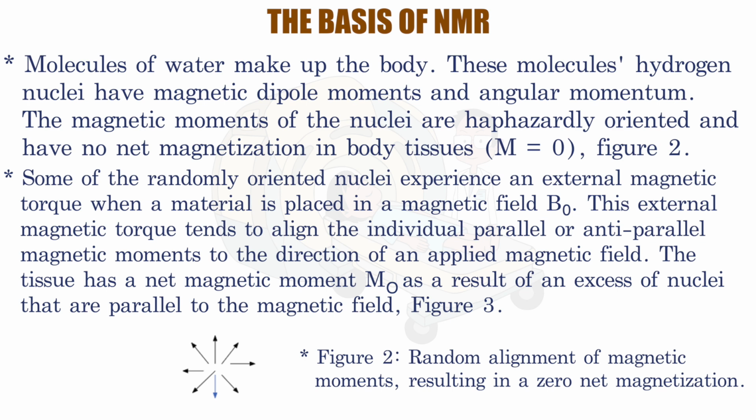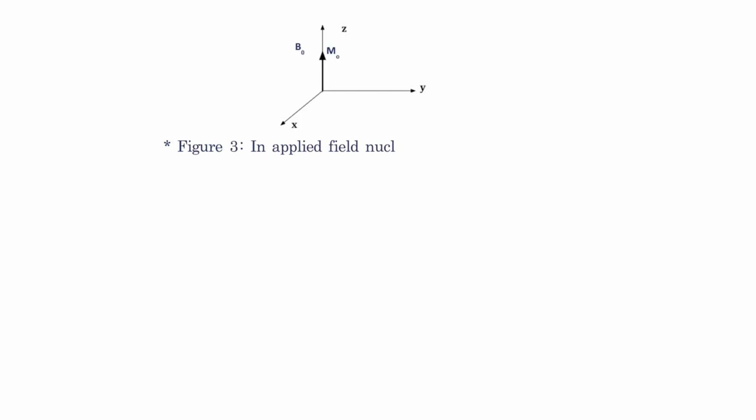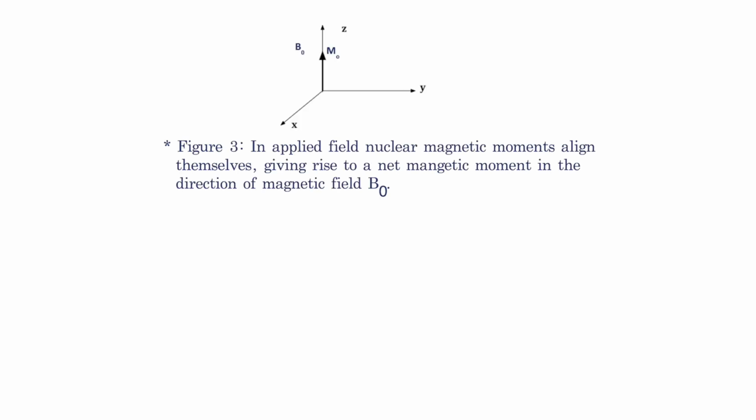The tissue has a net magnetic moment M naught as a result of an excess of nuclei that are parallel to the magnetic field. In figure 3, we can see how in an applied field nuclear magnetic moments align themselves, giving rise to a net magnetic moment in the direction of magnetic field B naught.